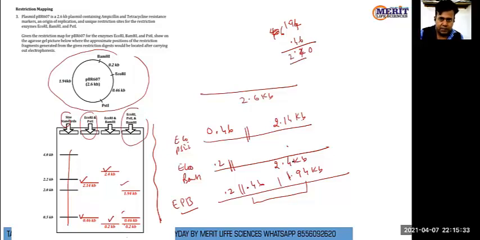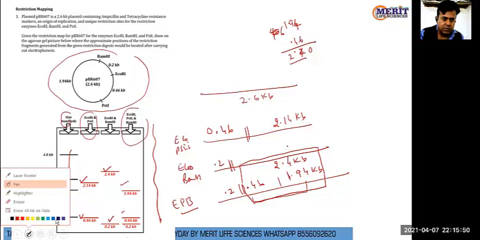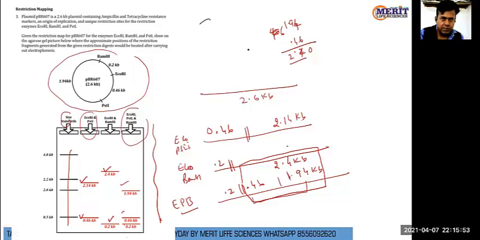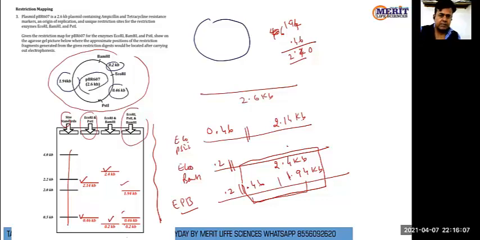It is coming 2.4, right? This is equivalent to 2.40. Yes, sir. Plus 0.2. So 2.4 is going to be fragmented into 0.46 and 1.94, which are combining together. Now you can draw the circular map easily. One will be the larger 2.4 and then 0.2. This is 0.2 kb, this is 0.46 and this is 1.94 kb.